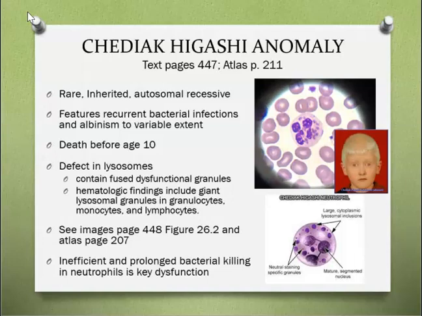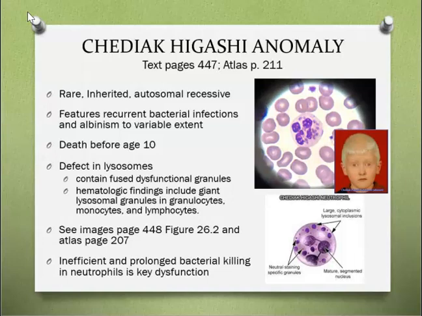And hematologic findings include giant lysosomal granules in our granulocytes, our monocytes, and our lymphocytes. So this ends up causing ineffective and prolonged bacterial killing in our neutrophils, and it's just an overall dysfunction of these cells.